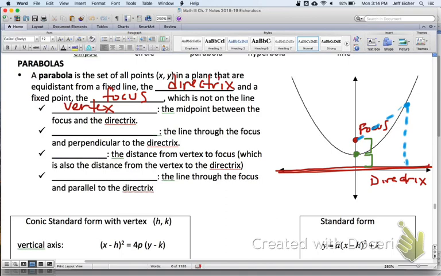The next one is a term that you're familiar with, the axis of symmetry. This AOS, as we'll call it, the axis of symmetry, is this line that's perpendicular to the directrix, and it passes through the vertex and the focus.